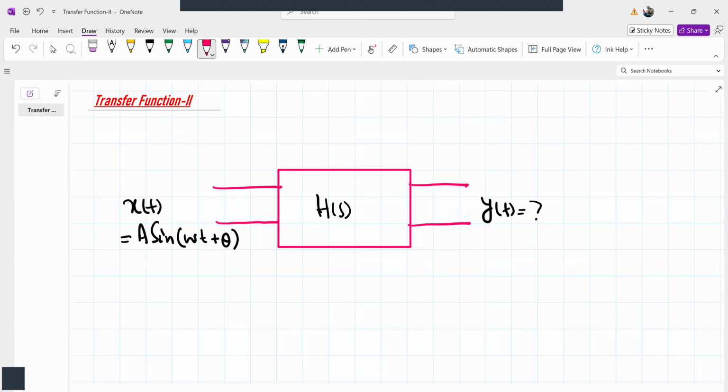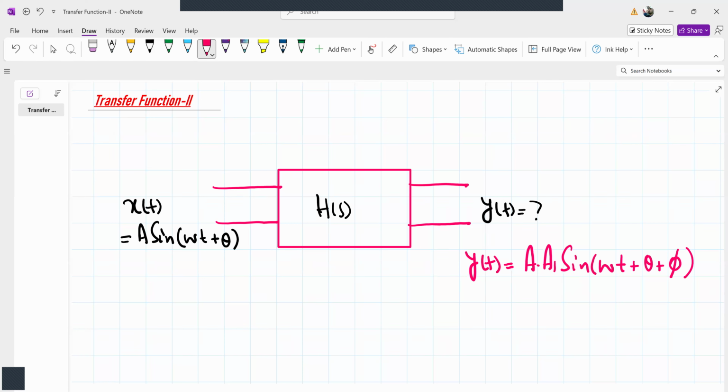Remember, if the network is a linear system, then you can write the output directly from this input using the transfer function approach. Output will be simply equal to A, and only amplitude will change, the frequency of this sine wave will remain the same, and phase will change.